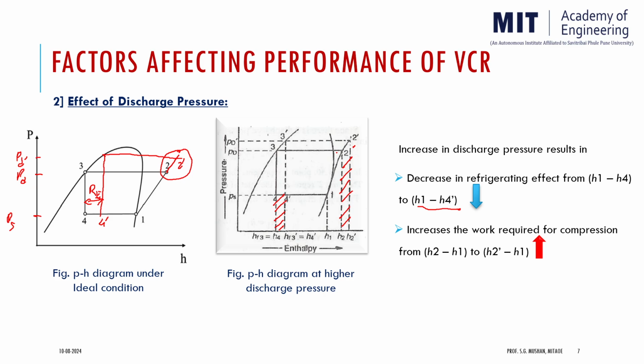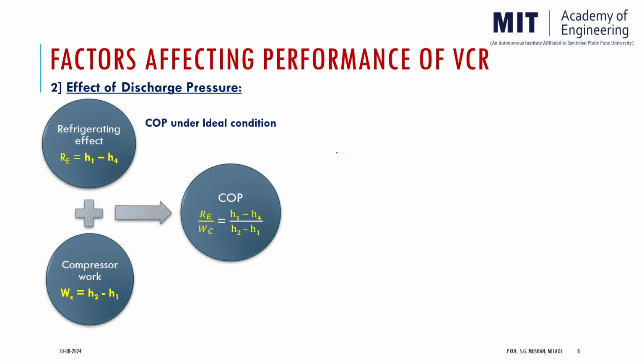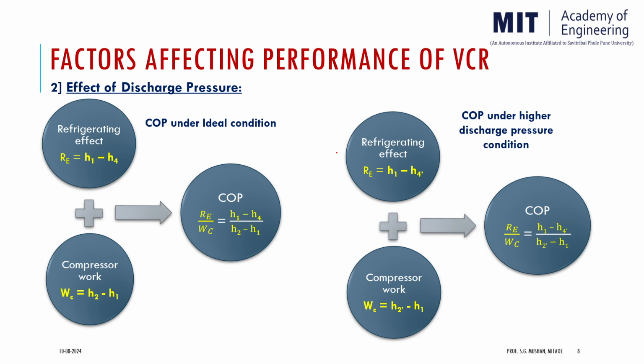Okay, so when we put these parameters in the COP equation, what do we get? The equation will change to H1 minus H4 dash, which is lower than H1 minus H4, and the compressor work has changed to H2 dash minus H1, which is higher than the ideal H2 minus H1.